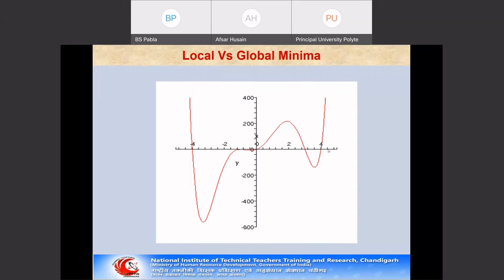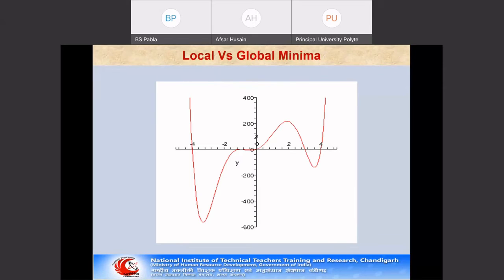So this value, which has come at around 3 or 3.5, 3.7, whatever it is, is called a local minima or local maxima. Similarly, I can get a maximum value also. But when I come here, there is no value on this graph which is lesser than this value, right? Whereas when I was here, there was a value lesser than this.